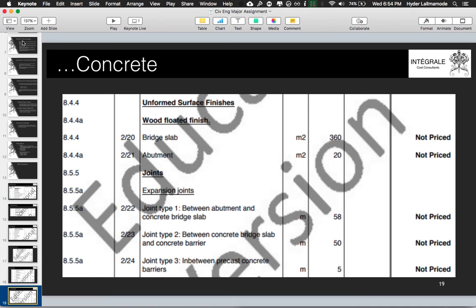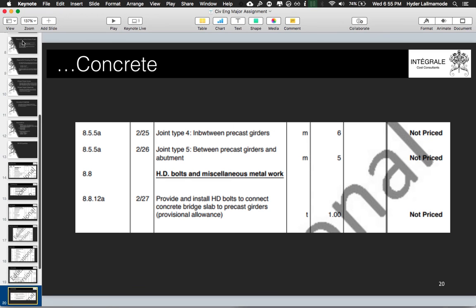The finishes we allowed for were wood floated for bridge slab and abutment, and we had expansion joints as well between abutment and concrete bridge slab, and concrete barriers, in between precast concrete barriers. We also had in between precast girders, between precast girders and abutment. Lastly, we measured HD bolts and miscellaneous metalwork.